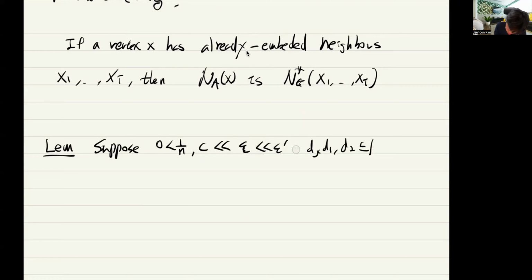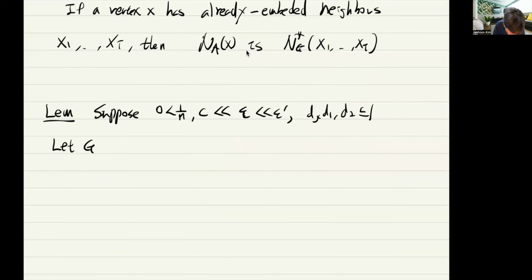You can take epsilon prime being much smaller than the other two, but that doesn't have to be. That's usually in the application that we assume, an additional condition that we don't have to assume to prove this lemma. But anyway, this is what you know.